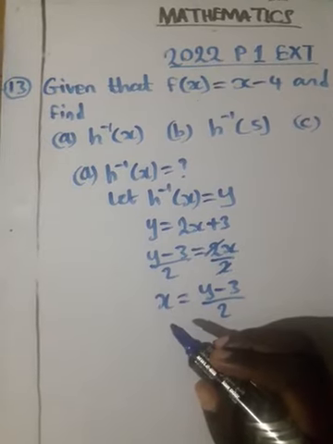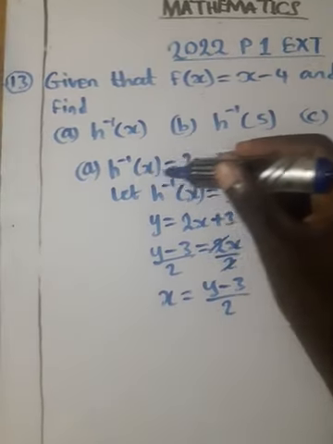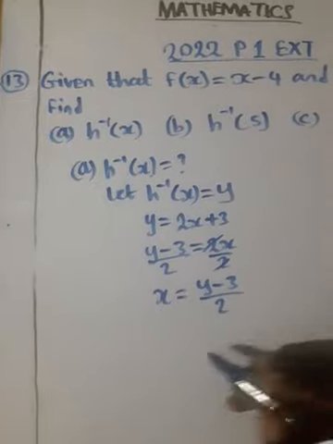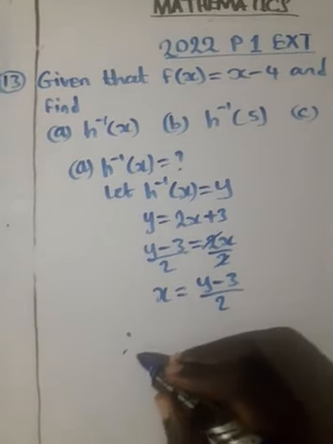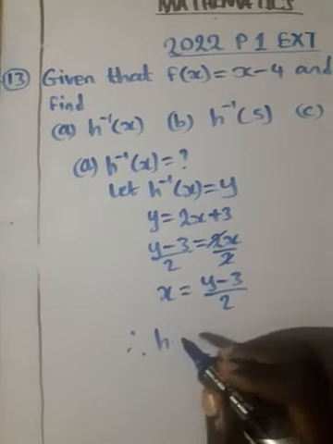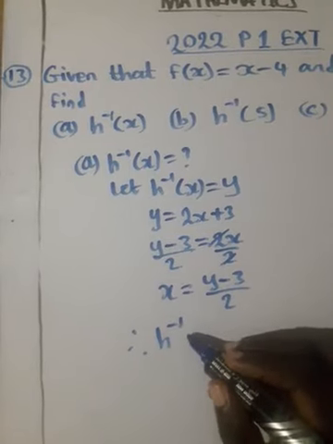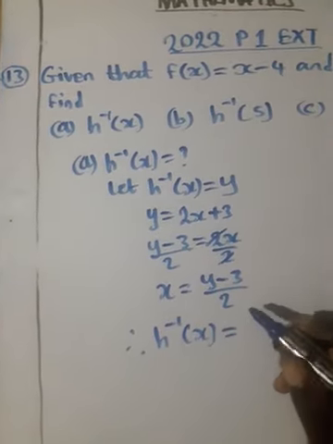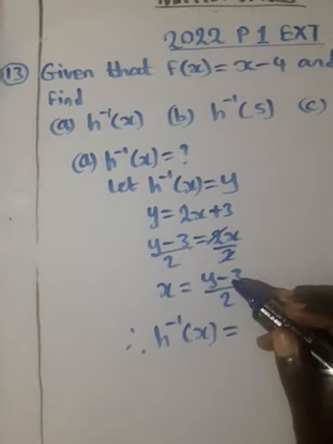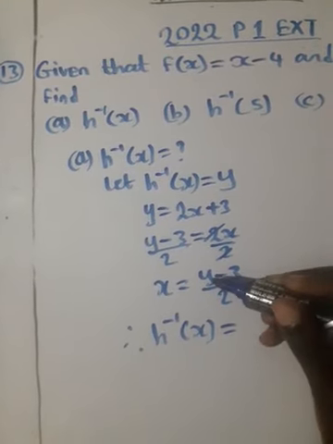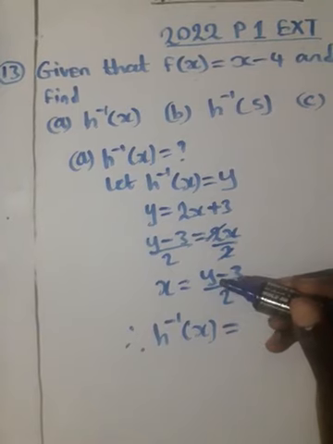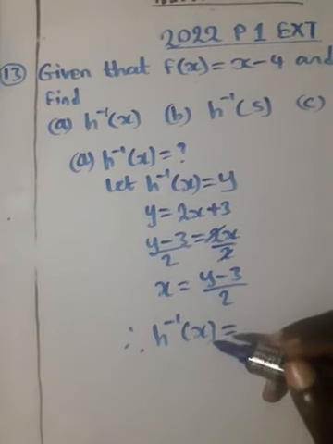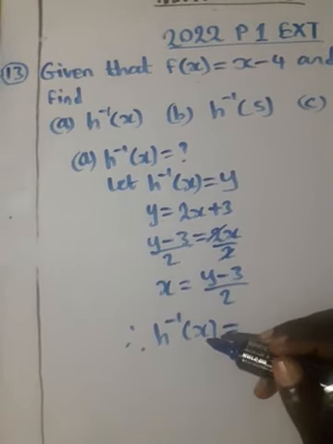Now we have to bring back the actual question. Therefore, h inverse of x equal to, so now when writing this expression, we have to remove y and replace it with what is given inside the brackets.